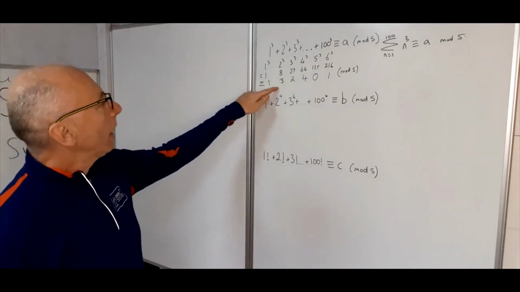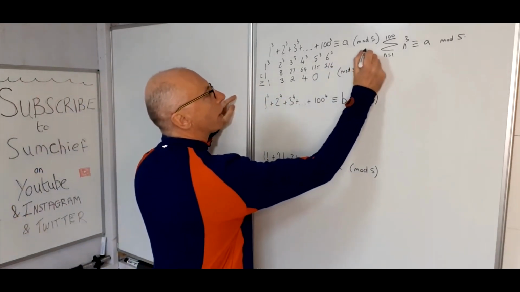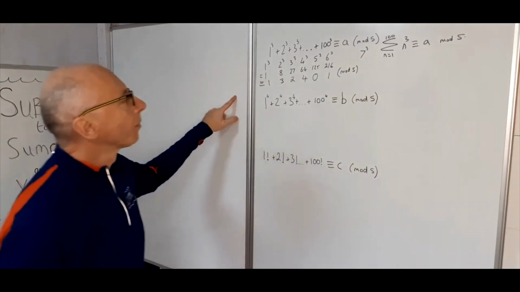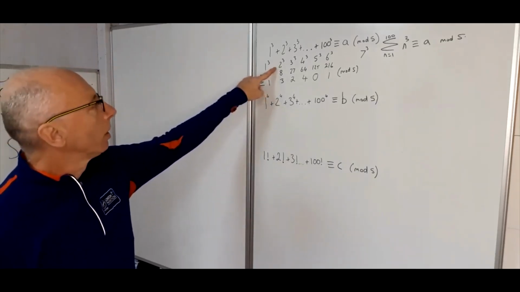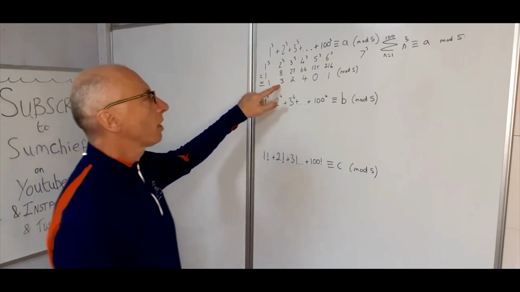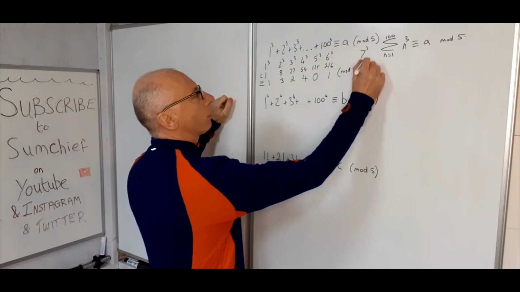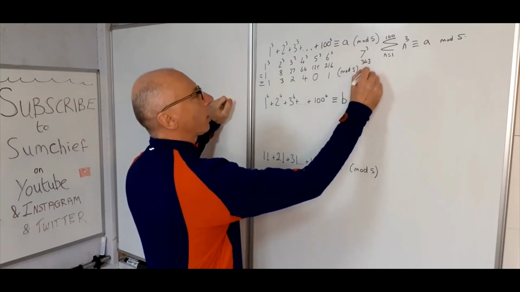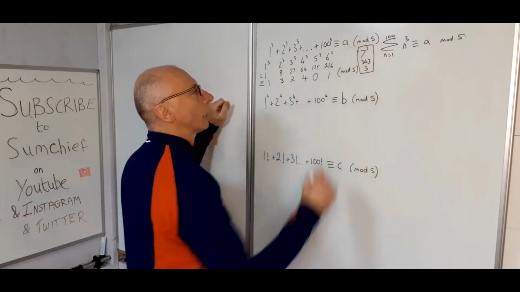Now there's going to be a pattern forming here by the looks of things, but if I just write in this one here, 7 cubed, I can estimate that it's probably going to be very similar to the 2 cubed in terms of the congruence. In fact, it's going to be exactly the same, I would say. So 7 cubed is 343, which is then going to give us a 3 in terms of the congruence.